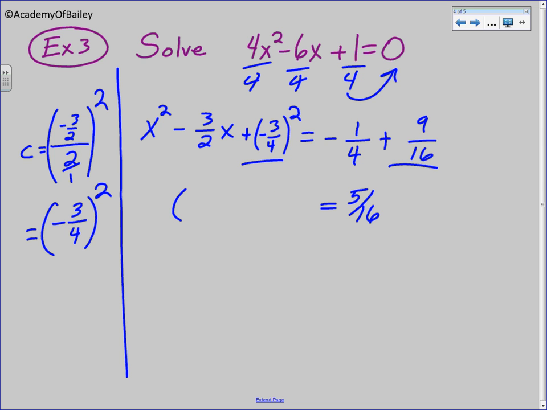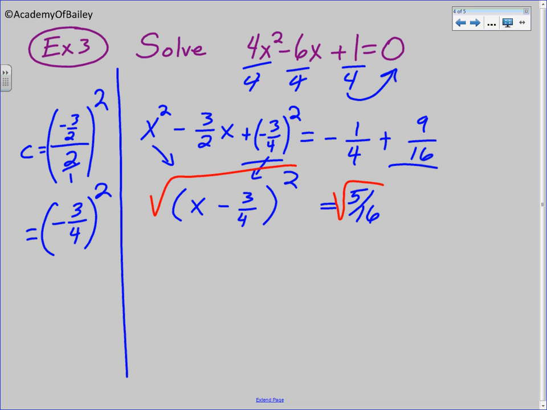We want to split this up into x times x will give you x squared, so we're going backwards here. And then this number, there you go. And let's go ahead and solve this out.